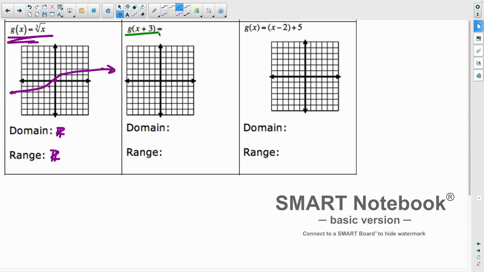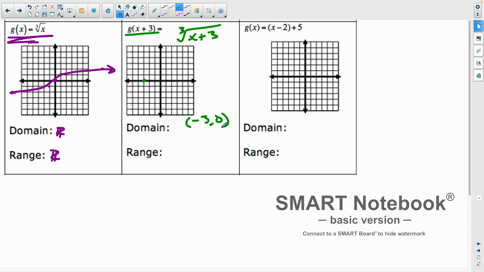So, again, what is that transformation right there? Left 3. So if I were to write that in a cube root format, because g of x is cube root, then the x plus 3 would go inside that radical. It would be underneath the cube root symbol. I'm going to move left 3. So instead of being at 0, 0, I'm going to be at -3, 0 as my inflection point.